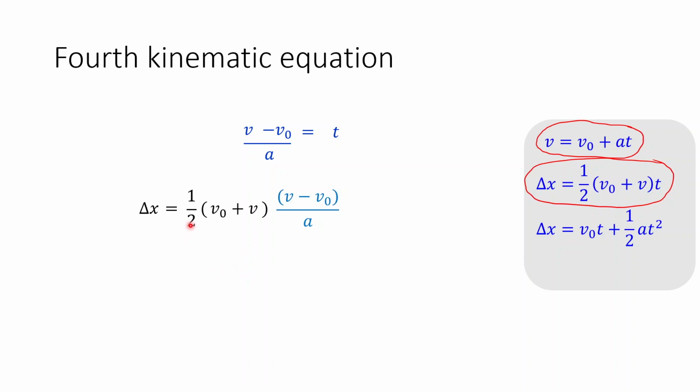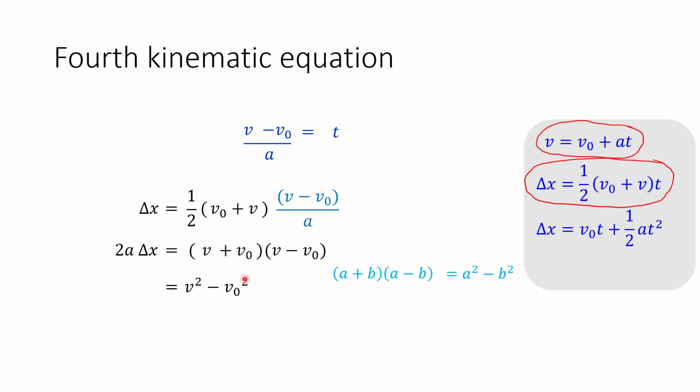Next, multiply 2a both sides. You get 2a delta x is equal to, write this first, plus v0 times this, v minus v0, is equal to, now by using this formula, you can write this as v squared minus v0 squared.